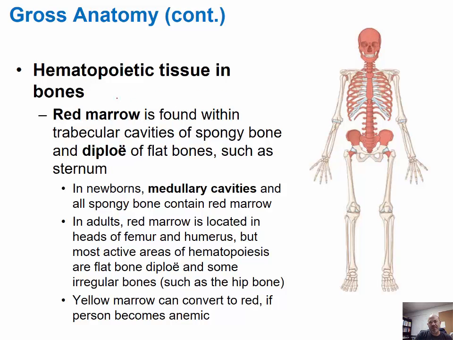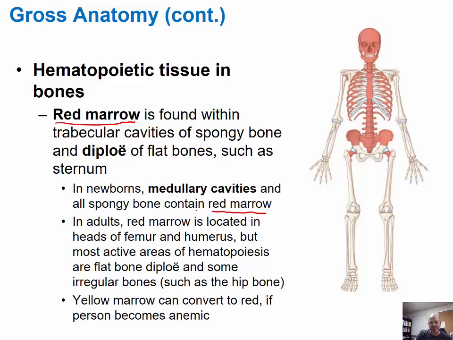Bones do have hemopoietic tissue, and hemopoiesis is blood formation, which occurs in the type of marrow called red marrow. This red marrow is found within the trabecular cavities of spongy bone and in the diploë of flat bones, such as the sternum. In newborns, the medullary cavity and all spongy bone contain red marrow.